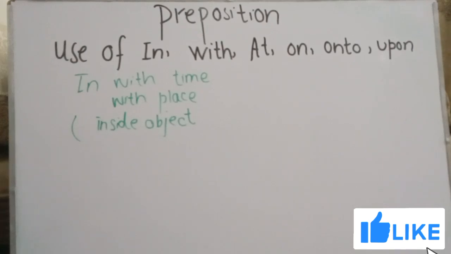So what's our inside object? What's our in with time, with place? We will use in with time.